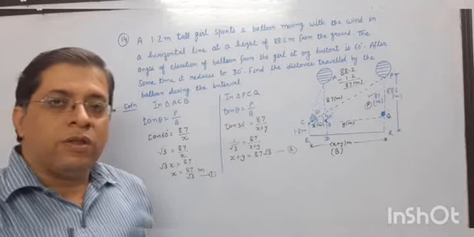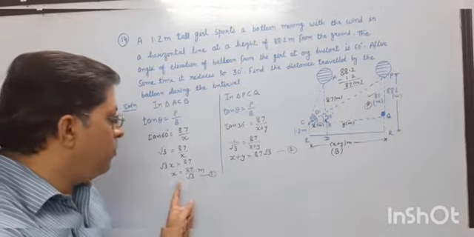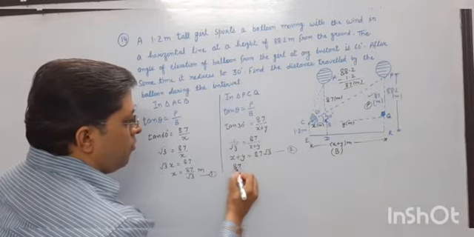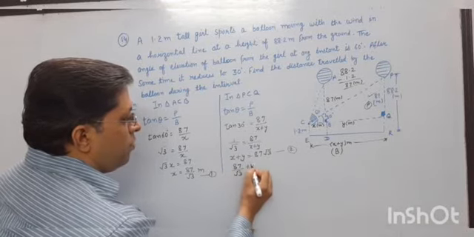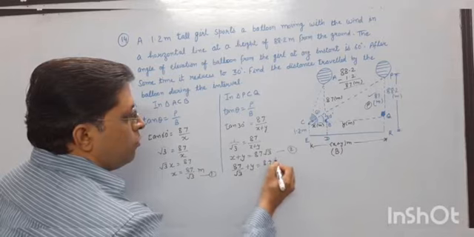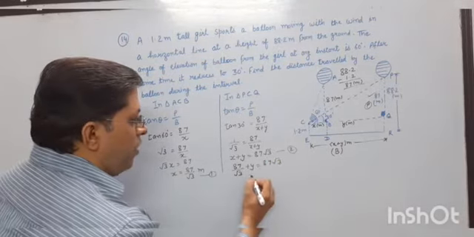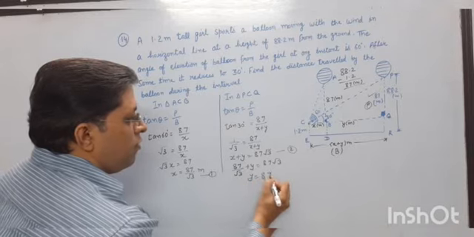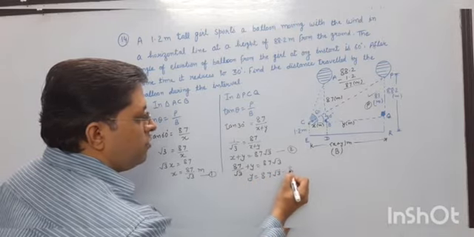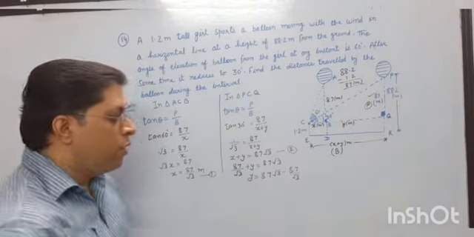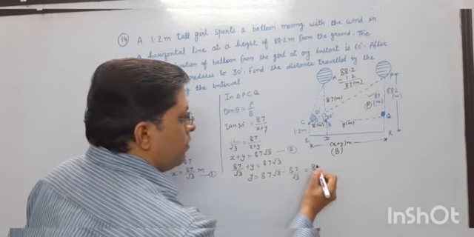Then what to do? We have to put the value of x here. 87 upon root 3 plus y is equal to 87 root 3. Then y will be 87 root 3 minus 87 upon root 3. Take 87 common.